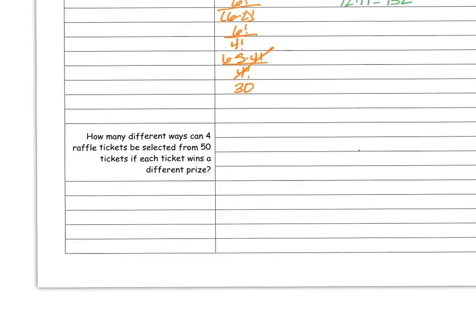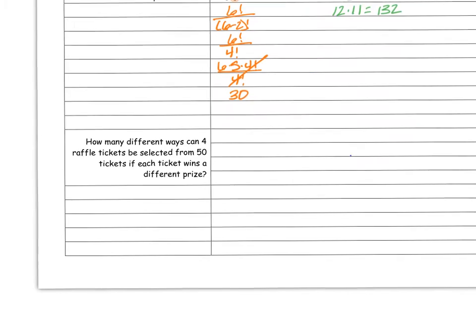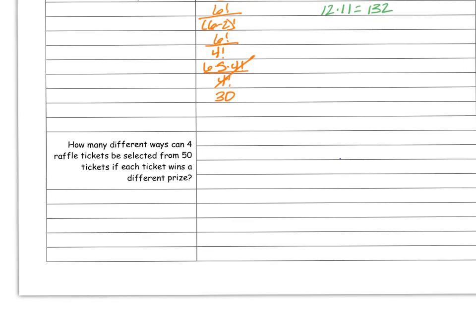So the next one is a story problem. It says: how many different ways can 4 raffle tickets be selected from 50 tickets if each ticket wins a different prize? So we're still doing the same thing. I have a permutation, 50 choose 4. Because I want to choose 4, I know I'm going to take the first 4 of 50 in descending order.